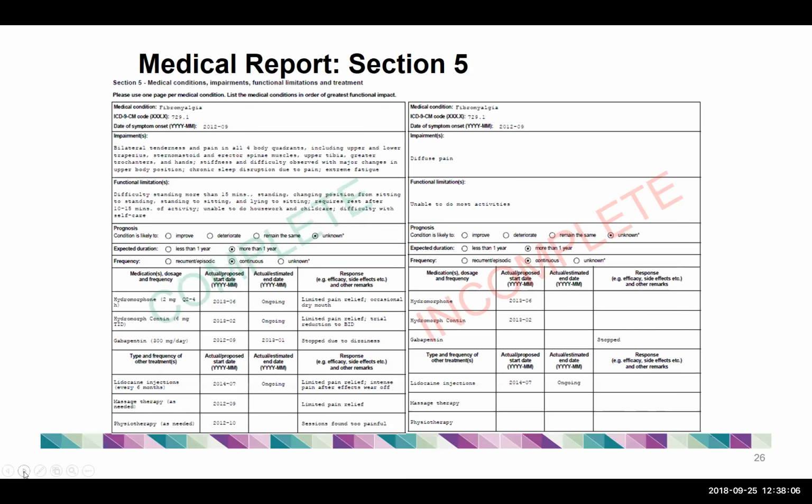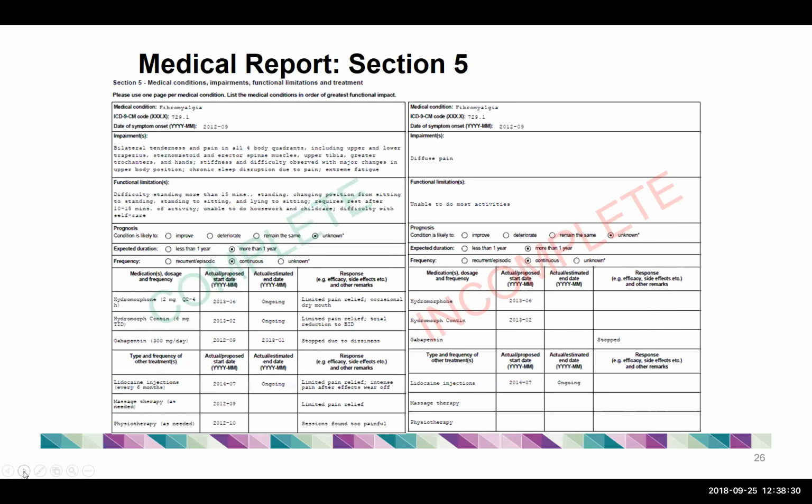We're then looking for some information on the prognosis, the expected duration, less than a year, more than a year, and the frequency. Do you see this as being a continuous situation or more of a recurrent episodic situation? We're then asking for information on medications and treatments. You may have noticed that we also ask for this information in the client questionnaire.